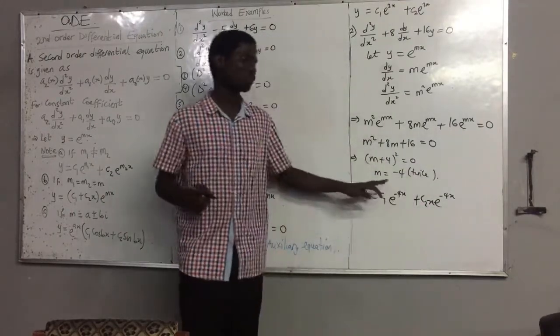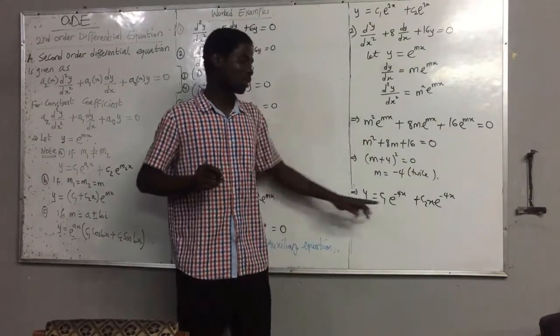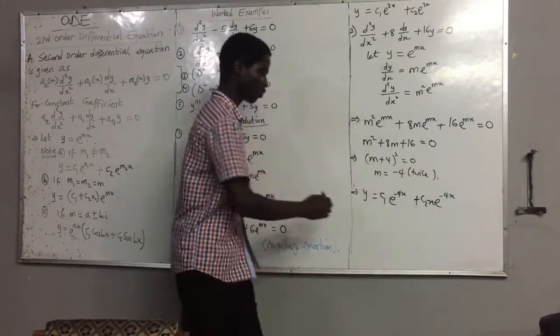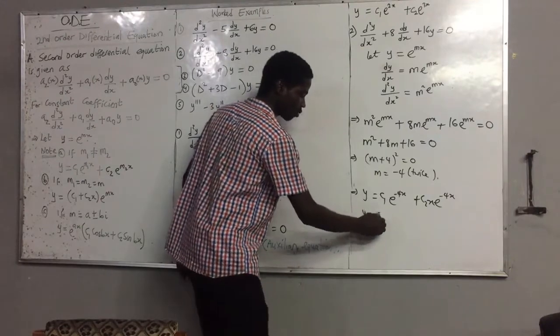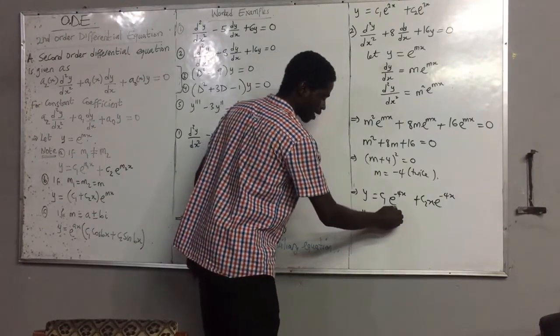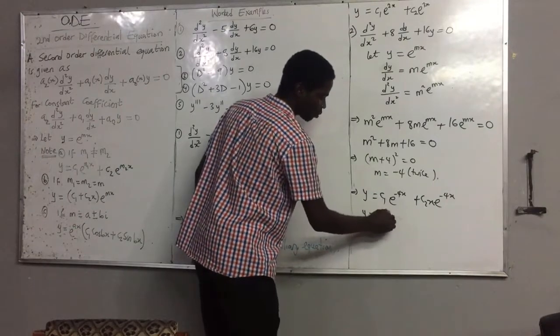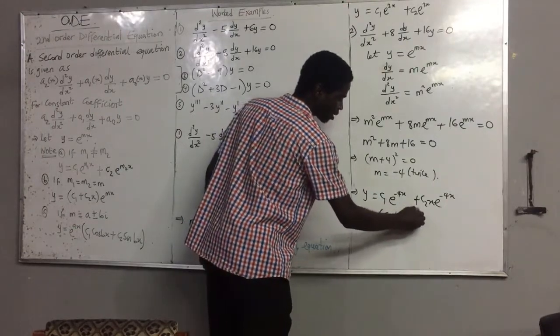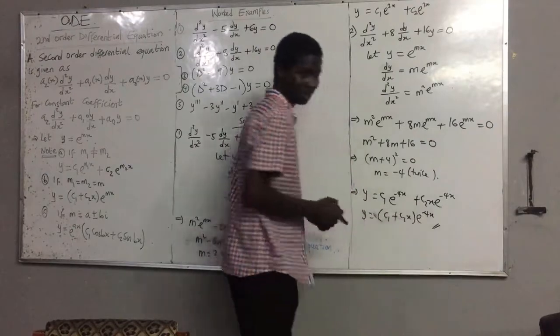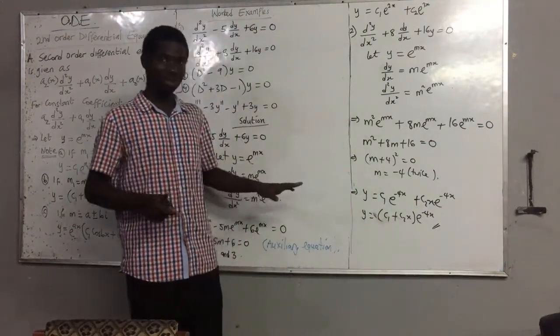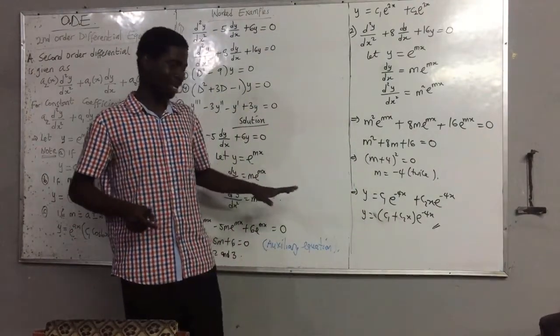That's what we are talking about. When you have the same answer, one of them you have x. So y will now be equal to c1 e raised to power minus 4x plus c2 x e raised to power minus 4x. You can factorize e raised to power minus 4x to have (c1 plus c2 x) e raised to power minus 4x. Do you understand? So that is the answer.